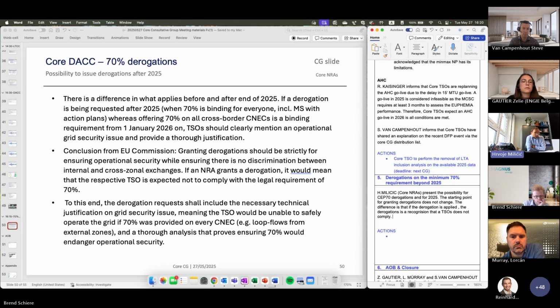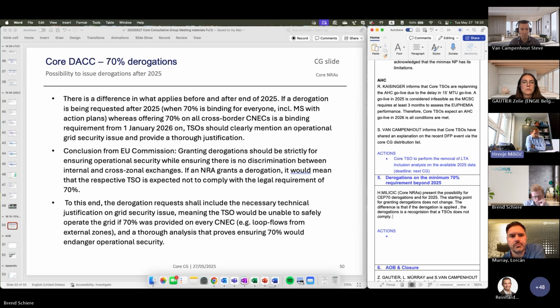So all in all, the conclusions are that, taking into account the current status, where the ROSC and cost sharing methodologies are delayed to 2029, this does not enable that ROSC assures both system security and the 70% requirement.